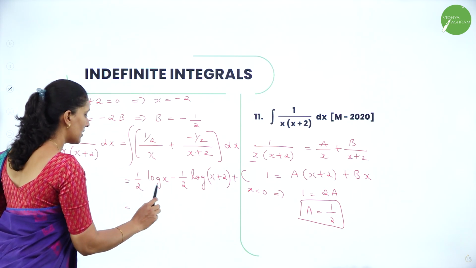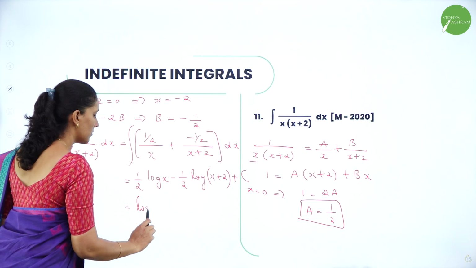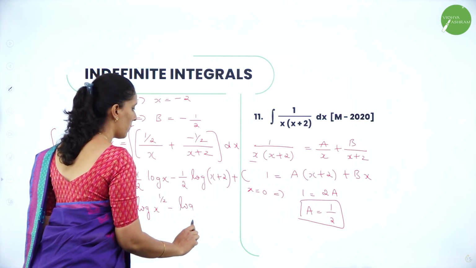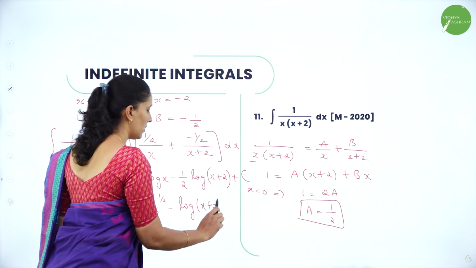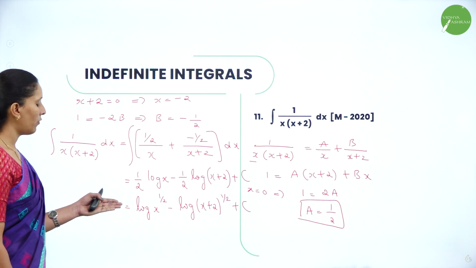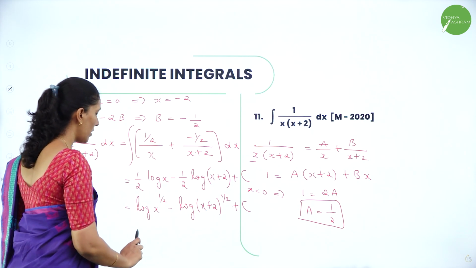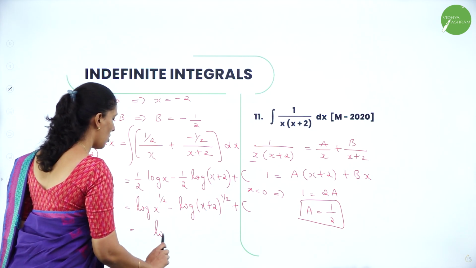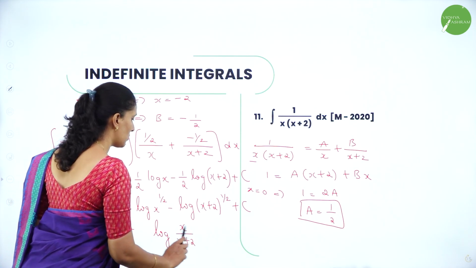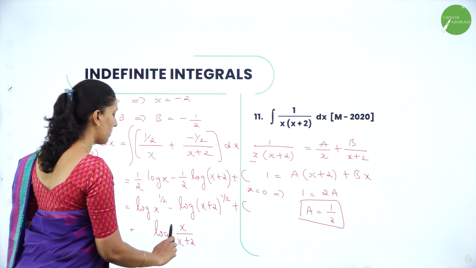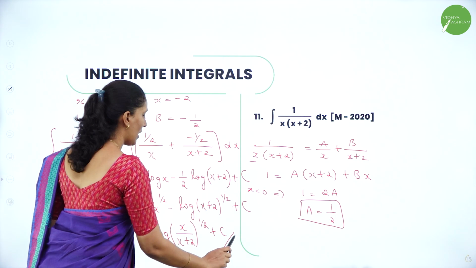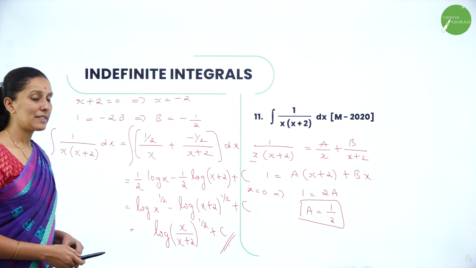So we can keep this as log x to the power half minus log x plus 2 to the power half plus c. Or if you want to use the formula of log x minus log y, which can be written as log of x by y, that is x divided by x plus 2. Since here we have to the power half, which is nothing but the square root, we can keep it as whole power half plus c.